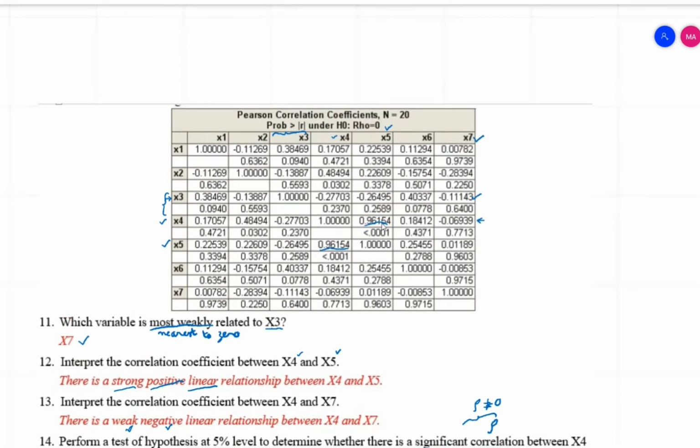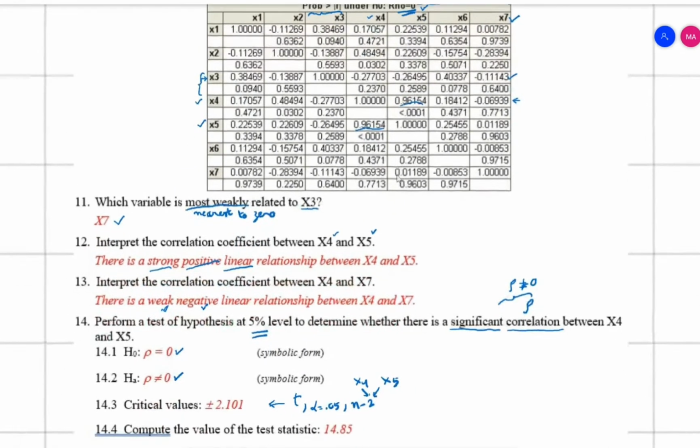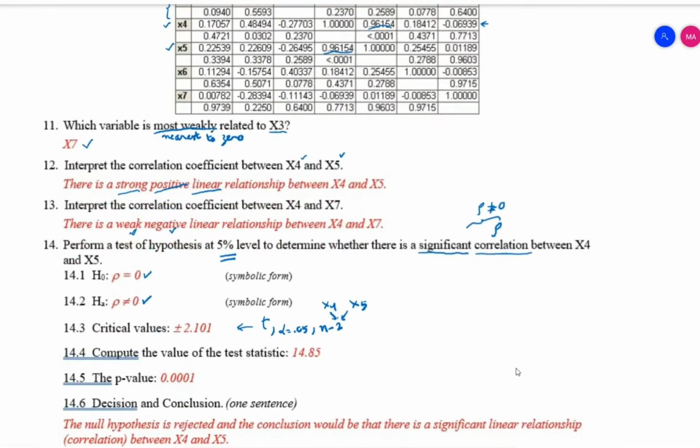N is here 20, and here also 20. For this H0, it is a two-tailed test. So you go to the t-table and read it, and don't forget plus and minus, because this is a two-tailed test. There are two critical values.